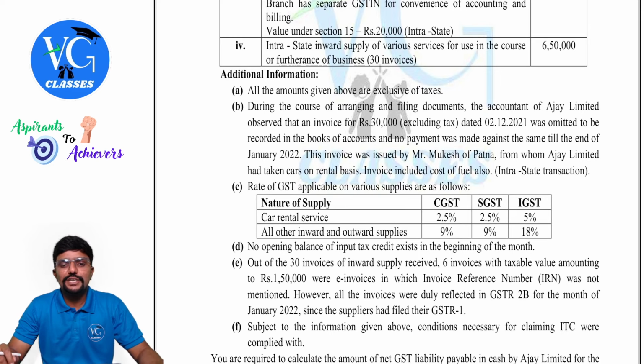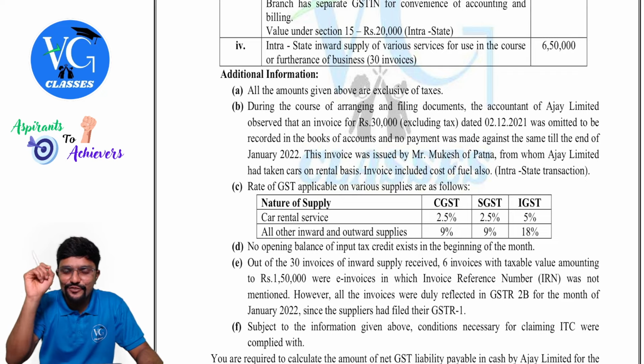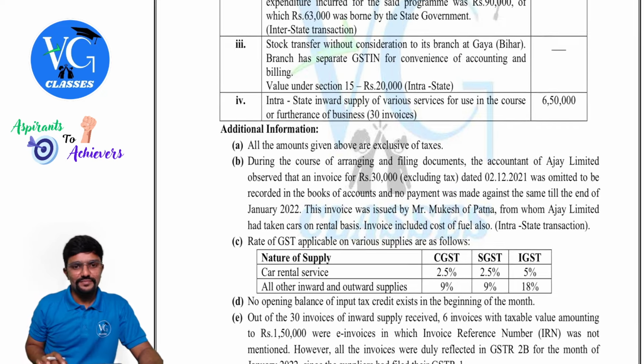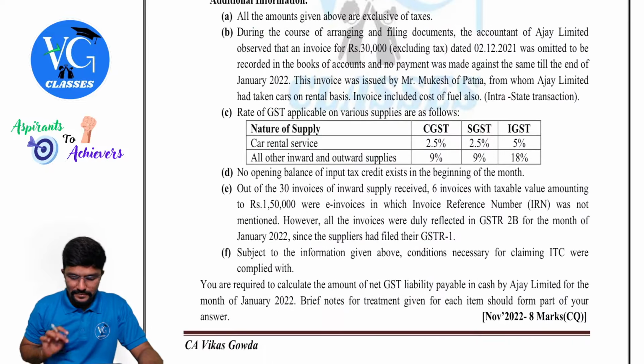During the course of arranging and filing documents, the accountant of Ajay Limited observed that an invoice for 30,000 excluding tax dated 2nd December 2021 was omitted to be recorded in the books of accounts, and no payment was made against the same till the end of January. This invoice was issued by Mr. Mukesh of Patna, from whom Ajay Limited had taken cars on rental basis. Invoice included cost of fuel also, intrastate. Intrastate, guys. Okay, the data given is for January.